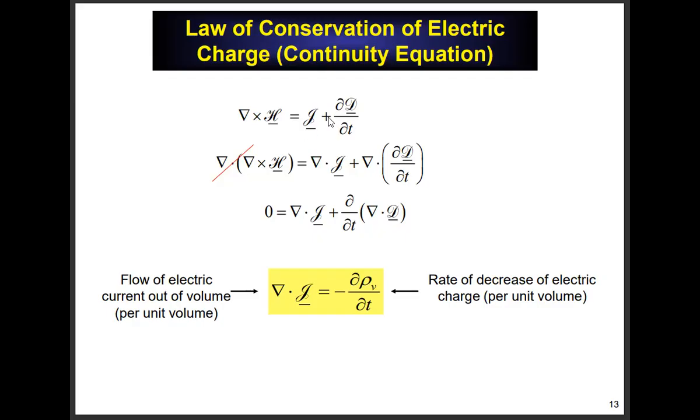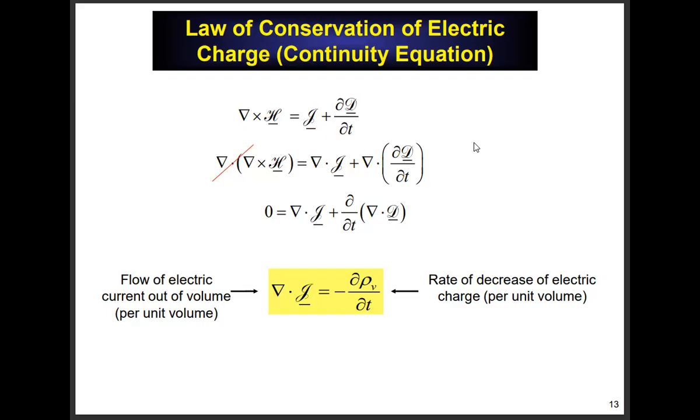We'll start with Ampere's law. Here it is. And I'll take the divergence of both sides. Now, in my review of vector calculus, I already said there are two fundamental identities that I like to call the zero identities, and you may have noticed you're being asked to prove them on the homework.